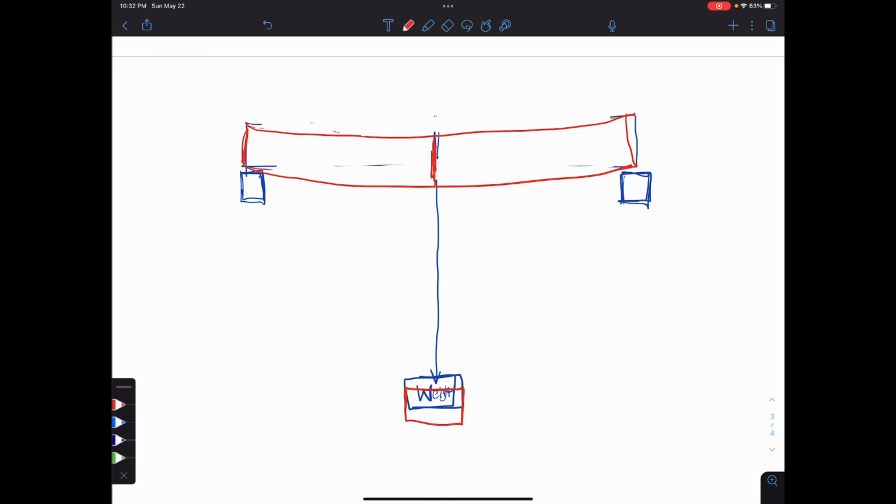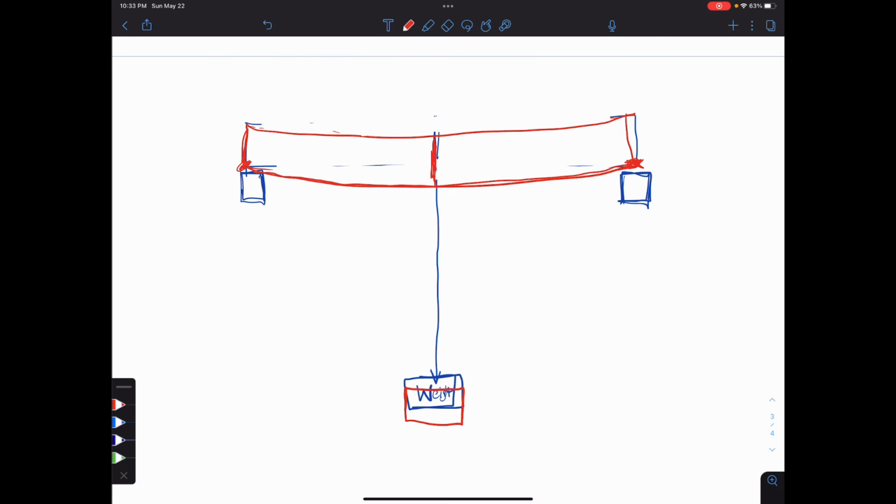Now let's think about what's happening to the beam. On the bottom, if I were to measure out the distance from the end of my beam right here to the end of my beam right here, I would actually find that the distance had gotten longer from here to here than in the unstressed beam.